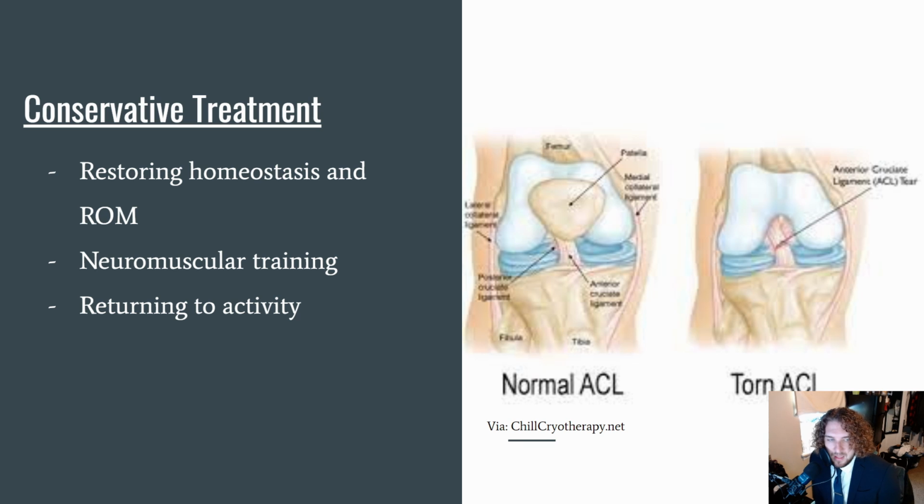And then finally, sufficient lower limb strength. What this means is mostly quads and hamstrings, and then your lower leg muscles back to mostly full strength. Not necessarily full strength, but sufficient strength to be able to perform the activities that you want to perform.